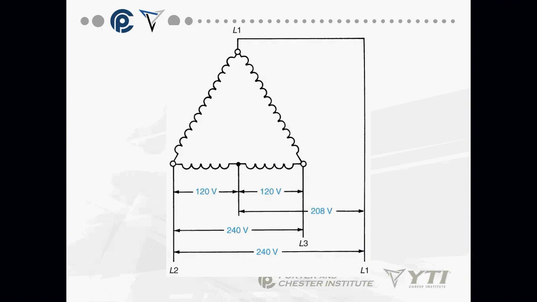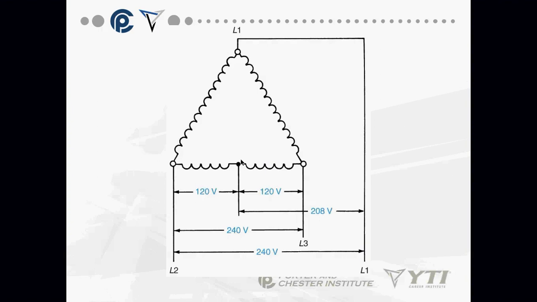Looking at this diagram, if I went from L1 to neutral, could I necessarily trust on getting 120 volts? Isn't that 240?